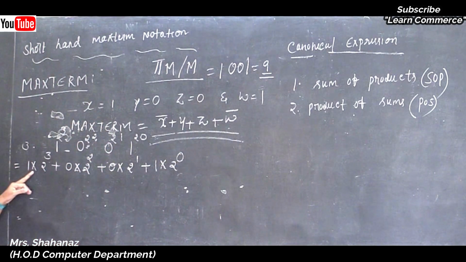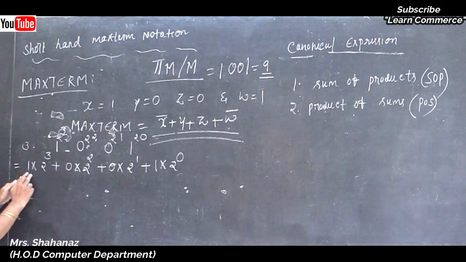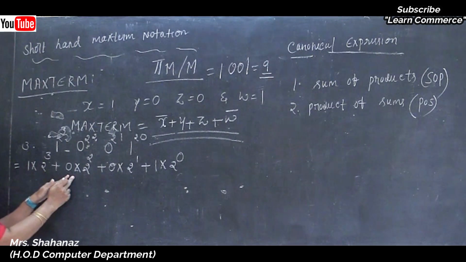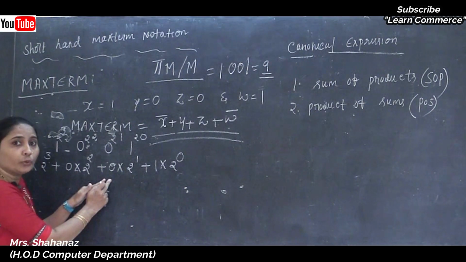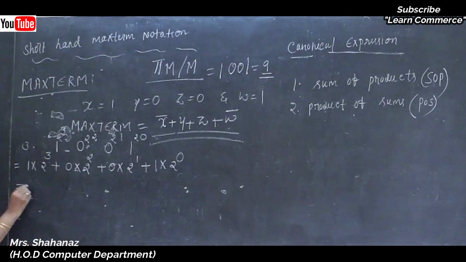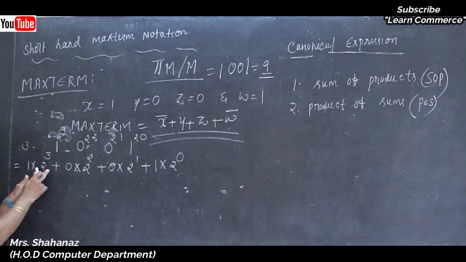So in this line I completed just by providing the binary equivalent, decimal equivalent value to each value. 1 into 2 to the power of 3 plus 0 into 2 to the power of 2 plus 0 into 2 to the power of 1 plus 1 into 2 to the power of 0, and we need to make the multiplication.